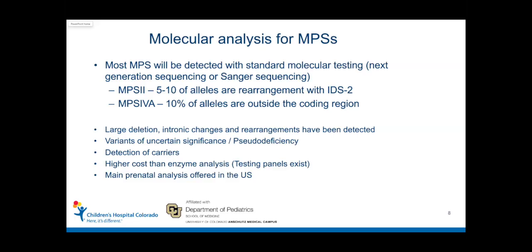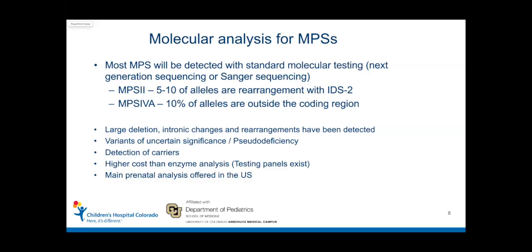A molecular analysis is the best way to identify carriers if you're doing extended family studies. Molecular studies used to have a much higher cost than enzyme, but I believe that is coming down, and I know there's some targeted testing panels that exist that may even provide very low cost testing.